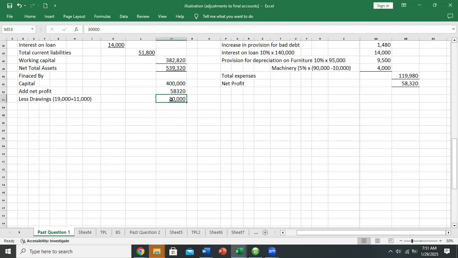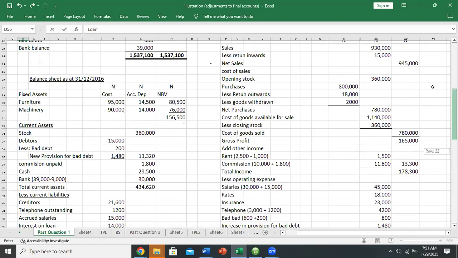Let's see what we get here. This plus the net profit minus the drawings. We have 428,320. Then we add the long-term liabilities. Long-term liability is the loan. The loan, I think, is 140,000.